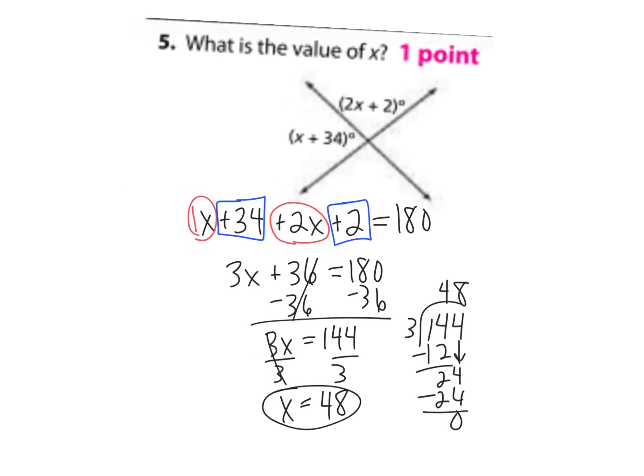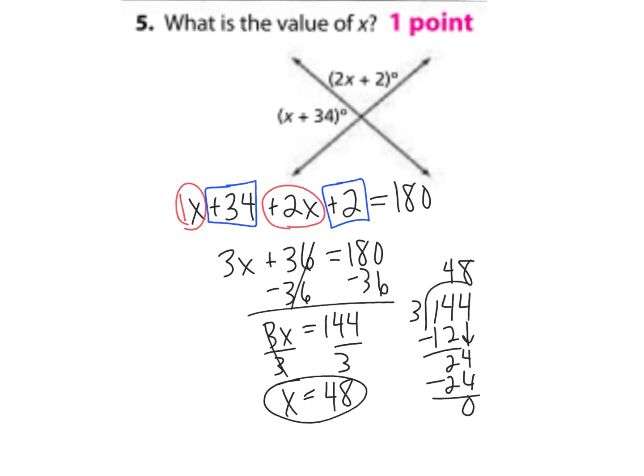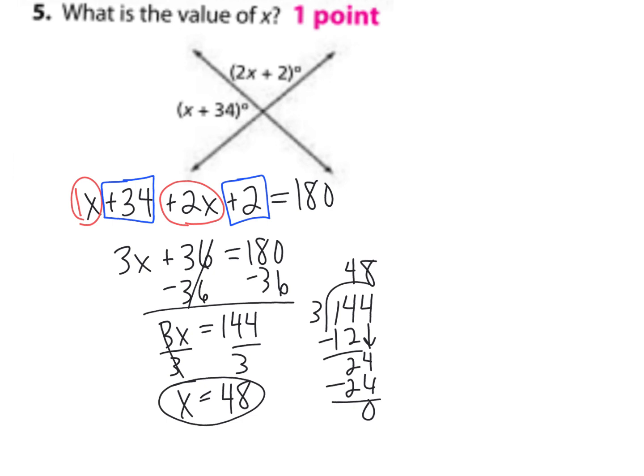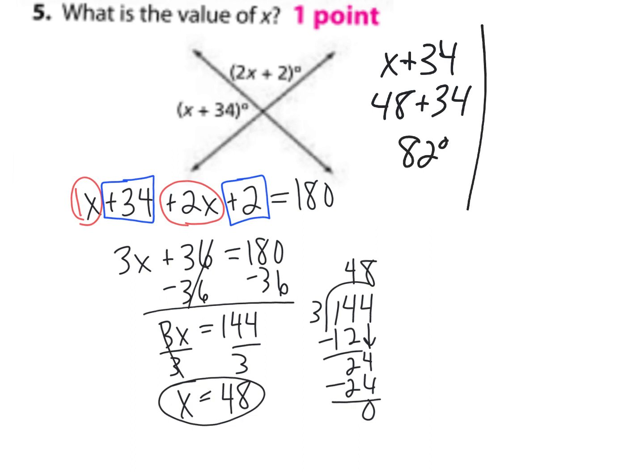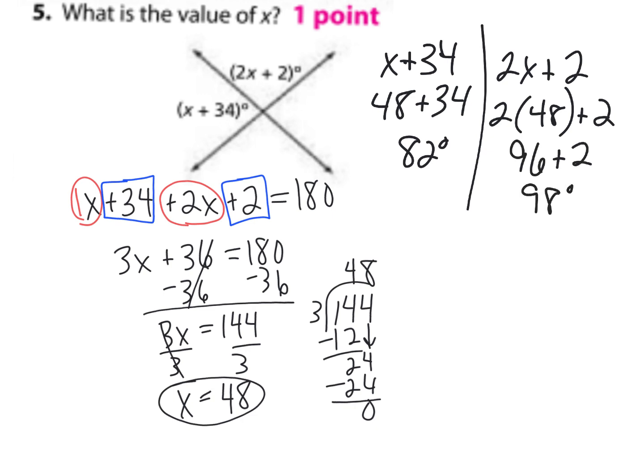At that point, they could have also said, what's each angle equal to. They didn't do that, but it still might be a good thing to look at. x plus 34, so 48 plus 34 would be 82 degrees. And then the other angle, we had 2x plus 2. So 2 times 48 would be 96, plus 2 is 98.